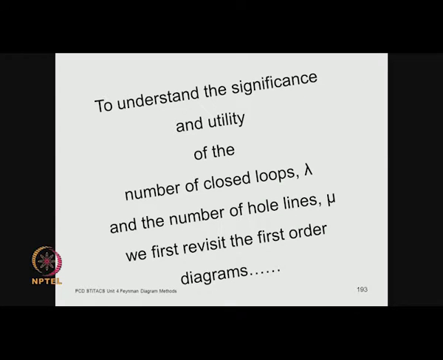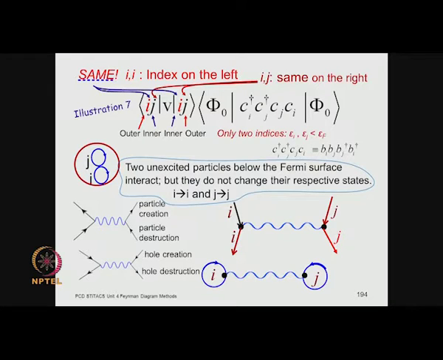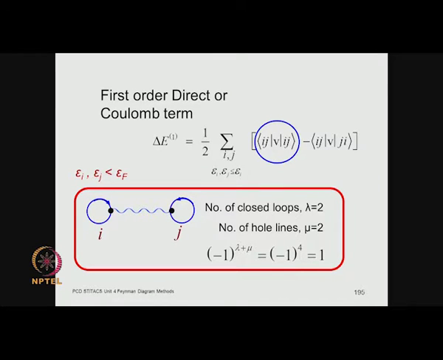Now, to understand how the number of closed loops and the number of whole lines is used in interpreting the Feynman diagrams, let me go back a little bit to the first order diagrams. So, let me refer to the first order diagram which we considered earlier, and here in the direct term you have the double bubble which we have discussed earlier, and in this double bubble, if you count the number of closed loops, you have 2, and the number of whole lines is also 2.